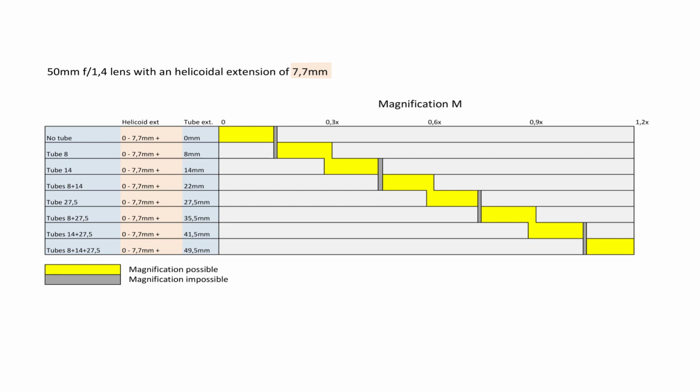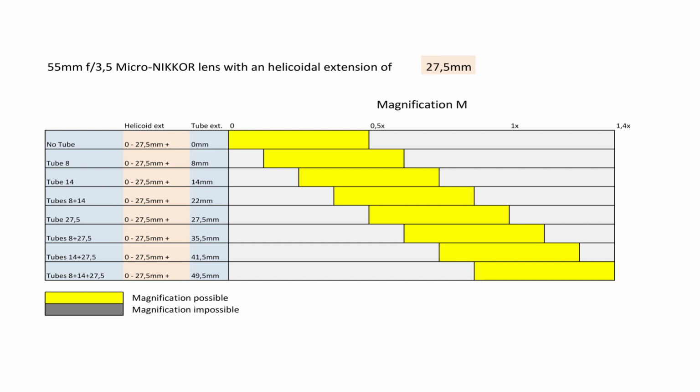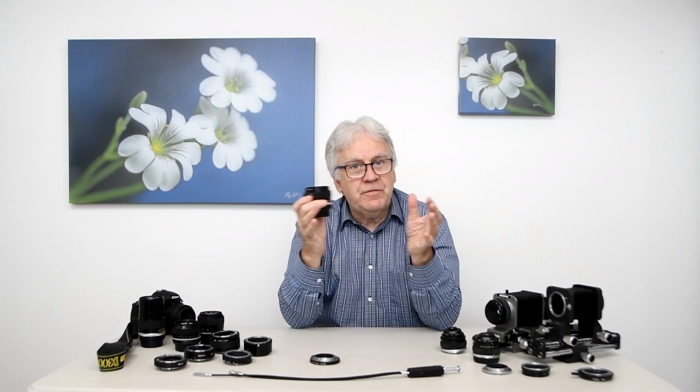And of course, if you go with a lens like the 135, which has 18.5 mm travel, which is quite big compared to 8 mm, or even better, if I use the 55 macro lens that has 27 mm travel, this lens is going to fit any of those extension ring here or any combination, and will always cover all the range of magnification available, as you can see on the chart.